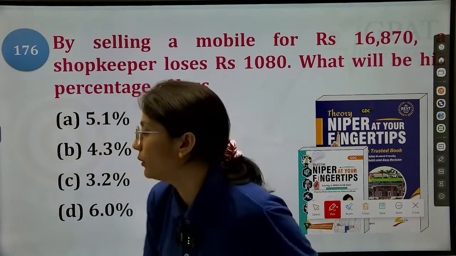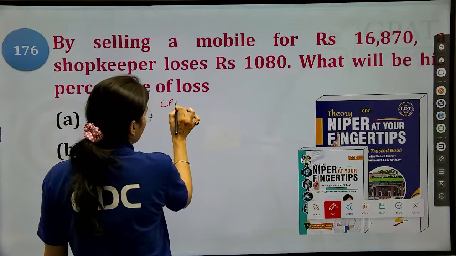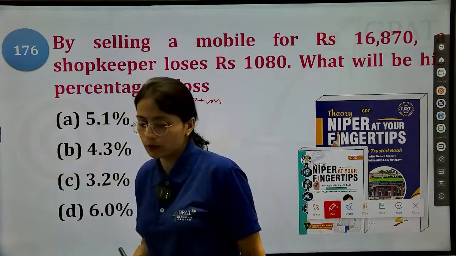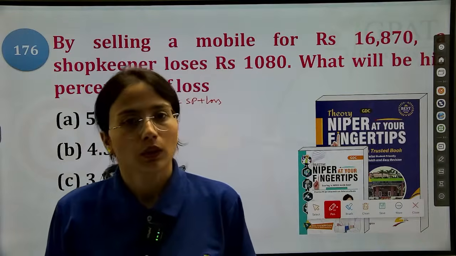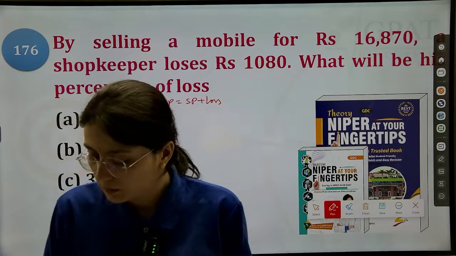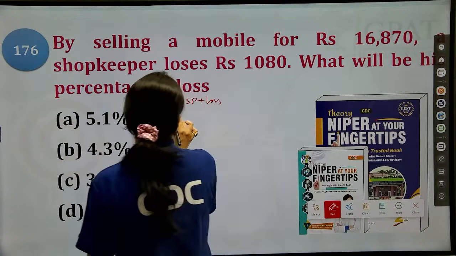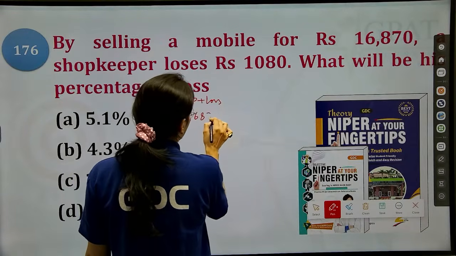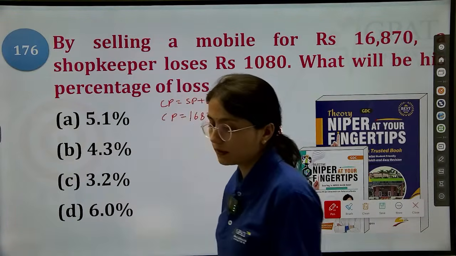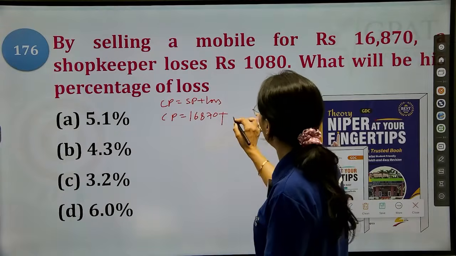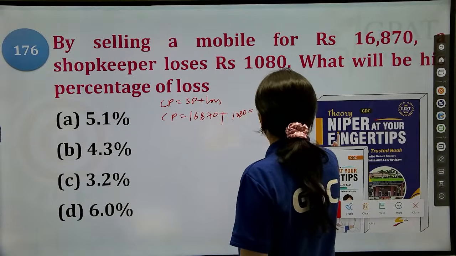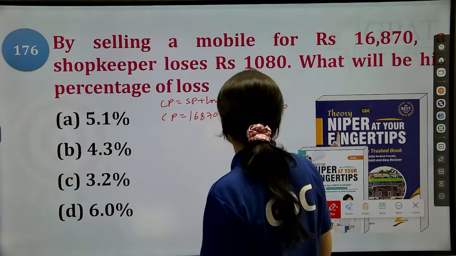As we know, CP is equal to SP plus loss, because loss is equal to CP minus SP. So CP is equal to 16870 plus 1080, that is 17950.